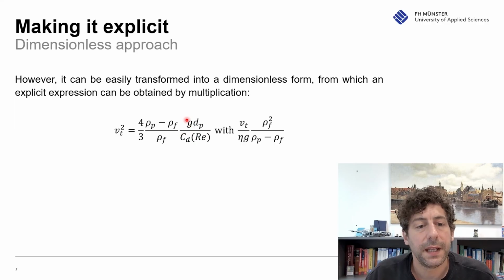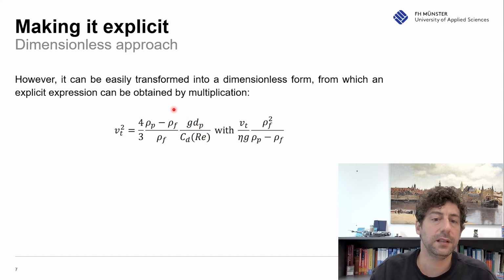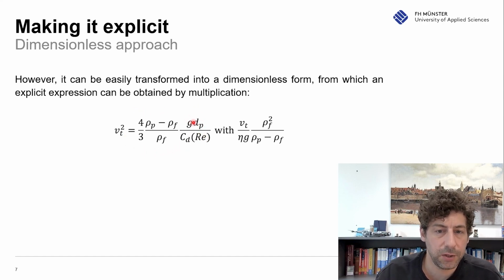Okay? And then you will get this expression, and in this expression you still have CD as a function of Reynolds, so we cannot solve it. And the idea is to make this expression dimensionless.